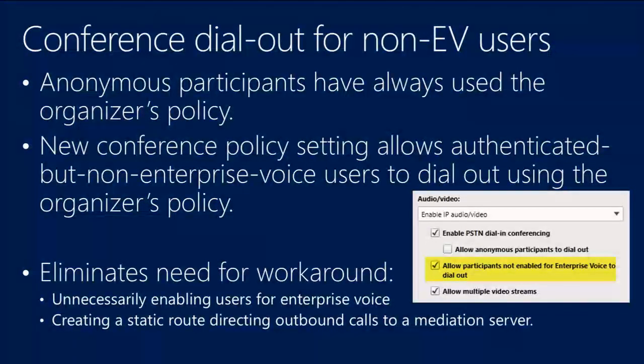So in 2013, we now have the ability in Control Panel and PowerShell to hit this great checkbox that now allows non-enterprise voice-enabled users to actually dial out. So just remember, in this scenario, if I'm a non-EV user joining an EV user's conference, I'm going to use their voice policy to actually make that outbound call.